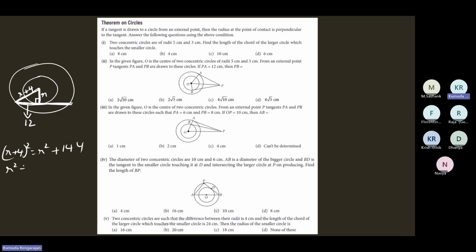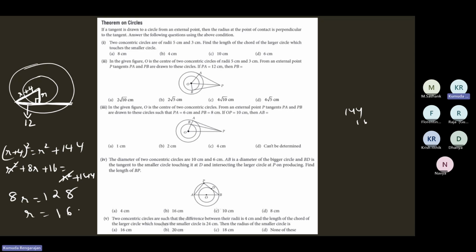So R square plus 8R plus 16 is equal to R square plus 144. R square gets cancelled on either side. 8R is equal to 144 minus 16, which is 128. So R is 16.